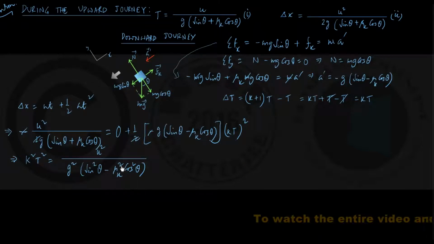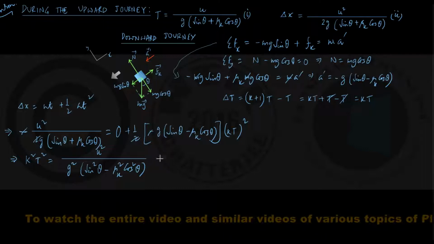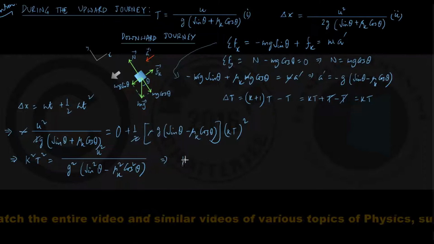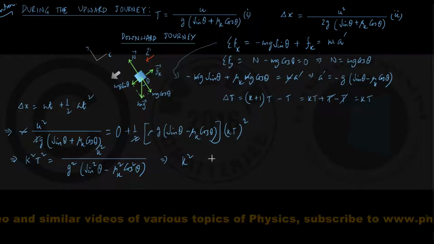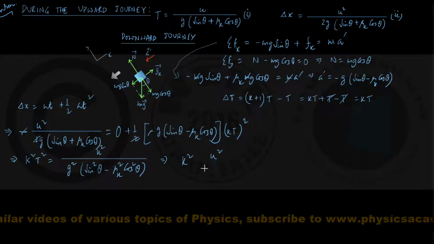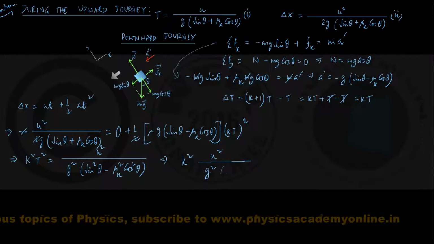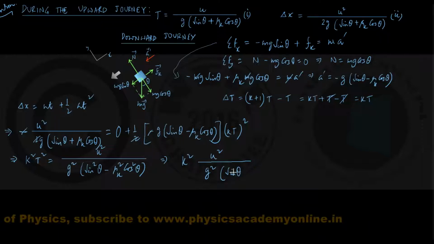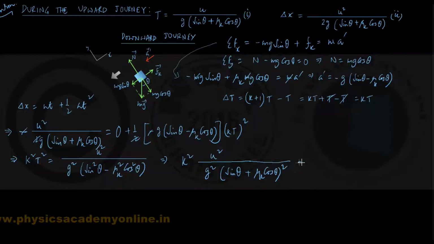Once we reach this step, we recall equation number 1 obtained during the upward journey consideration and put this value of capital T in this last result. So what we get? We are getting k square into, well, I am putting the value of T straight away here and squaring that. This is giving me u square by g square into sine theta plus mu k cos theta whole square, isn't it?